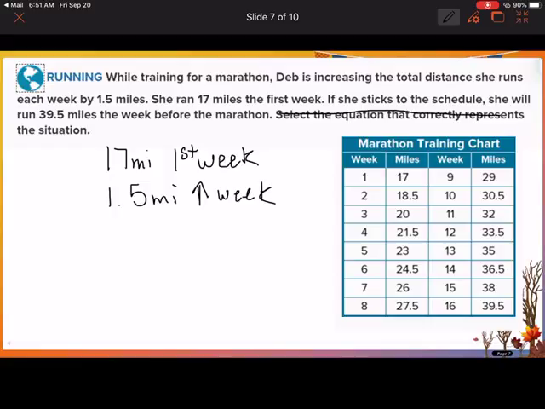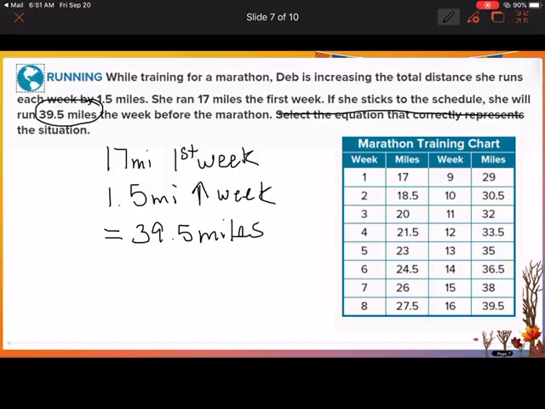We are going to write an equation that represents the situation. So the first thing I need to know, this is that 39.5 miles. So that's going to be what we want to equal. We want it to equal 39.5 miles.